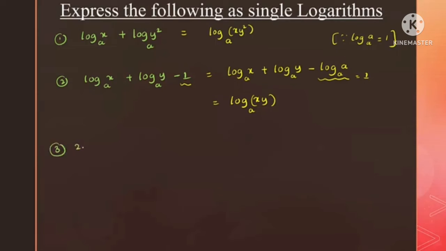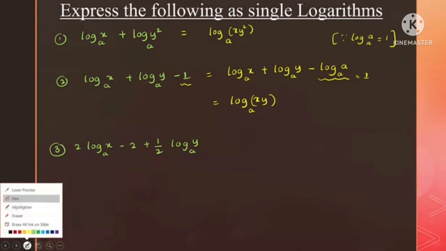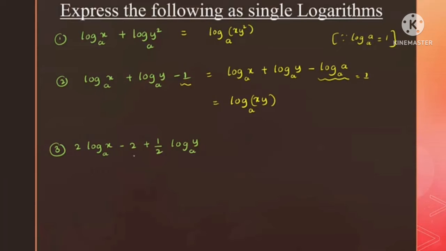It is given 2 log x to the base a minus 2 plus 1 by 2 log y to the base a. Here we have to express it in a single form. How to solve it? We have to apply the rules here. Observe, I am going to write the first one, 2 log x to the base a.